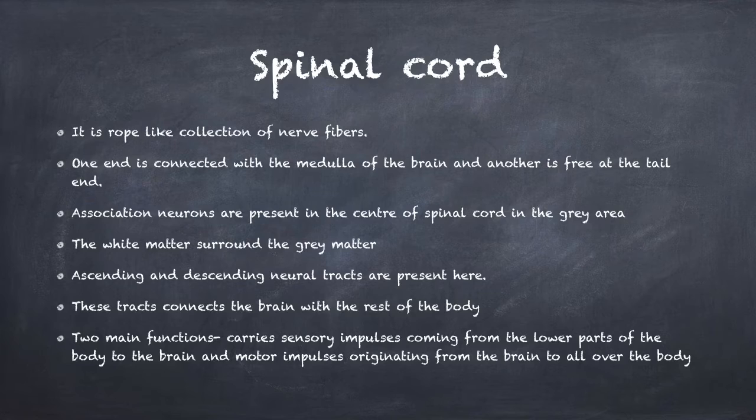So if you are asked which are the parts engaged in simple reflexes, then your answer is sensory nerve, motor nerve, and the association neurons of the gray matter of the spinal cord. Now let us look at what reflex actions are.